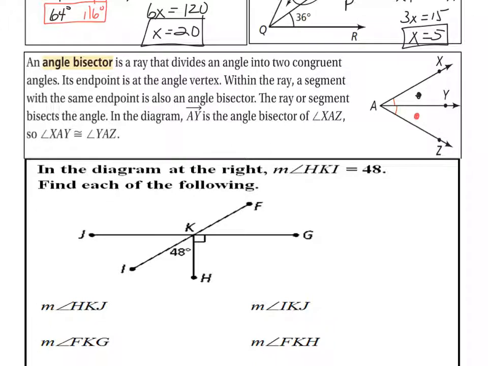The right side and the left side are congruent, which is why you see the markings there. In the diagram, ray AY is the angle bisector of angle XAZ. Therefore, angle XAY is congruent to angle YAZ. Using angle bisectors, we're going to use those in the next examples.